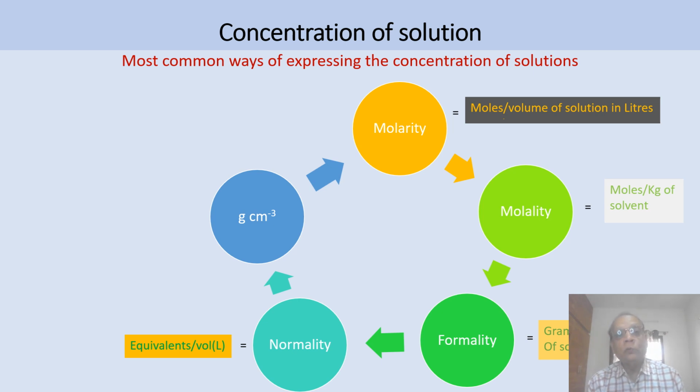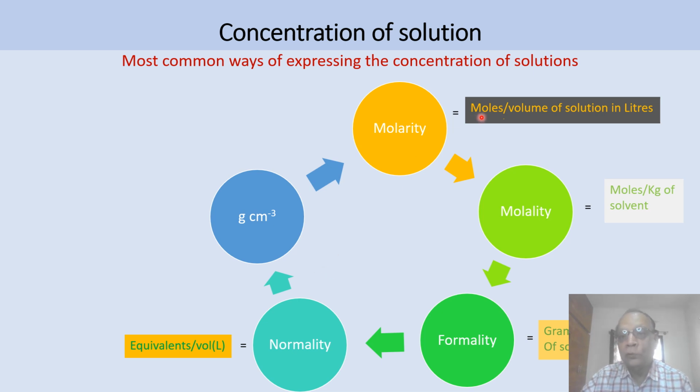The most common ways of expressing the concentration of solutions are as follows. Molarity, here in yellow, is equal to number of moles divided by volume of solution in liters, and this means that the solution carries both the solute and the solvent, and the volume is measured for both of them.